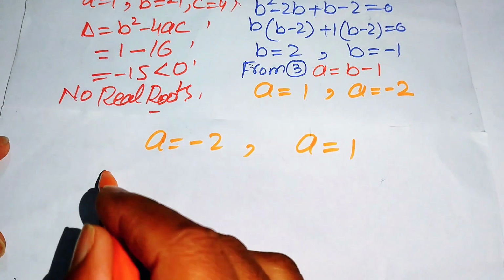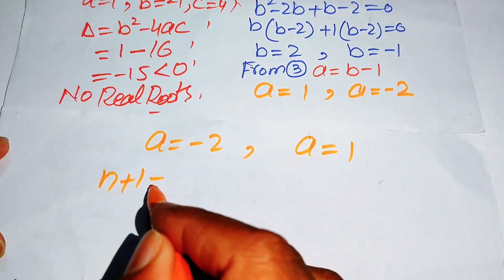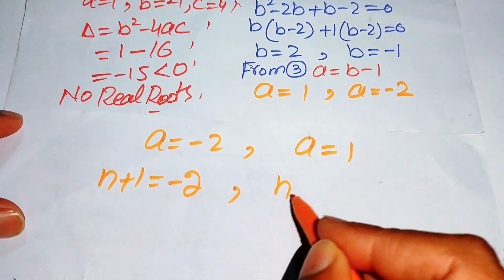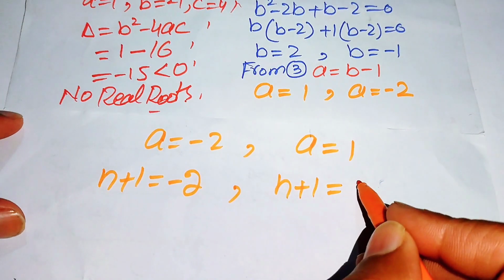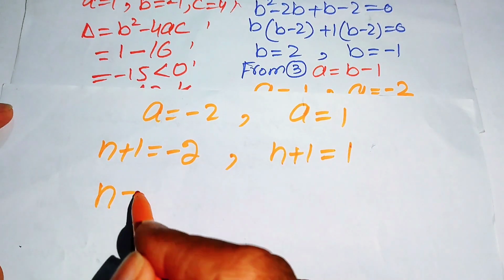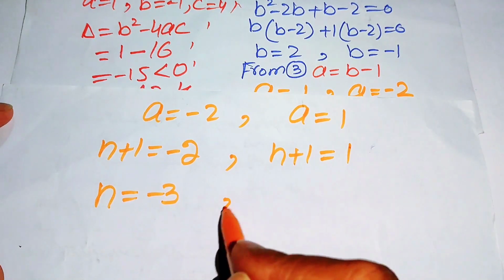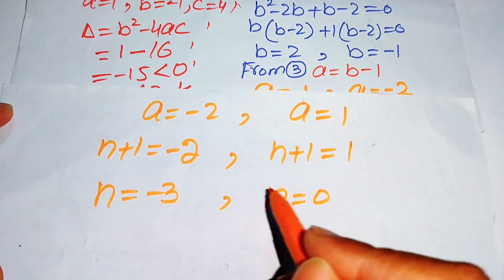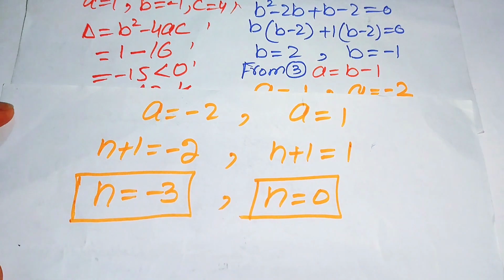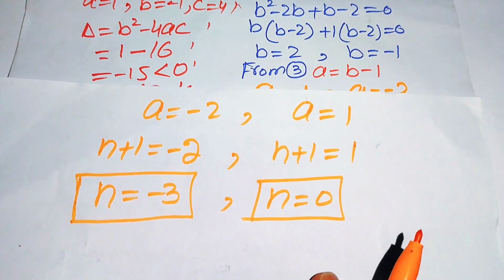So we know that a equals n plus 1 and it equals minus 2, and in this case we have n plus 1 equals 1. So here you get the value of n equals minus 3, and in this case we get the value of n equals 0. So these are the two values of n in this question, and this is the final answer.